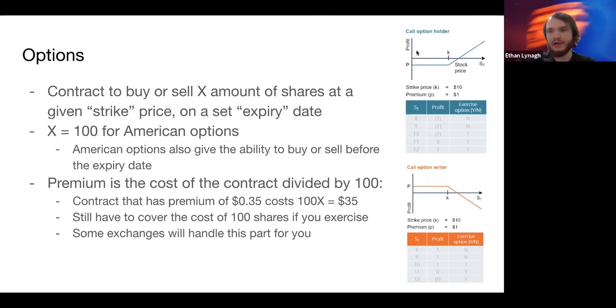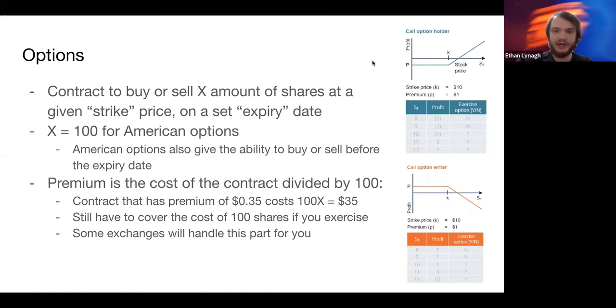If the stock ends below $10, the option isn't really worth anything. Usually it's called expiring worthless, because there's no reason to buy a stock for more than it's worth. So you're not profiting off this option if the stock is below that strike price at the end of the expiry date.